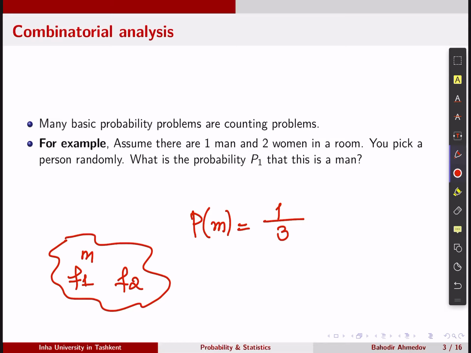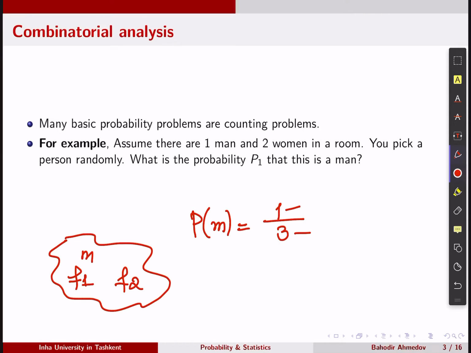You just need to count the number of possible cases of choosing a male, which in this case is 1, and the number of cases of choosing any person from this room is 3. So this problem is very simple, and you probably don't need combinatorial analysis to calculate this kind of probability. But you can make this problem a little bit more difficult.